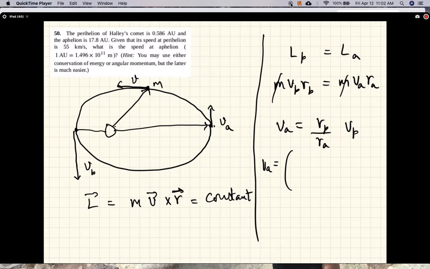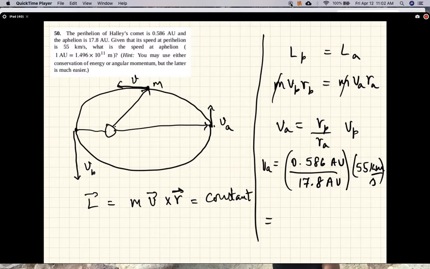Our perihelion is 0.586 AU divided by 17.8 AU times 55 kilometers per second.